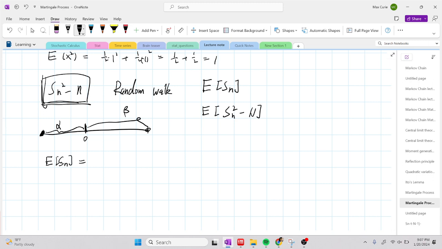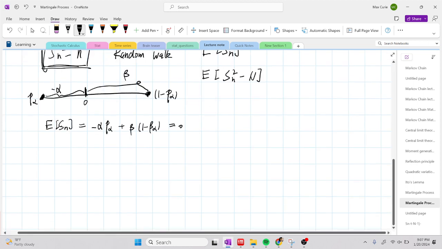Say reaching here has probability p alpha, and reaching here has probability 1 minus p alpha. We'll have alpha p alpha plus beta times 1 minus p alpha equal to 0. Sorry, this is a distance, so it's a negative alpha.